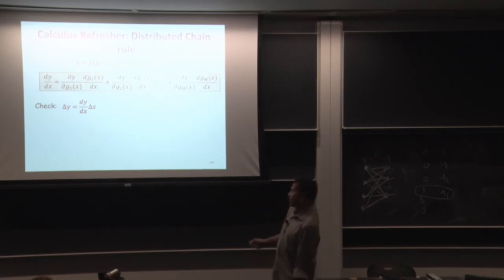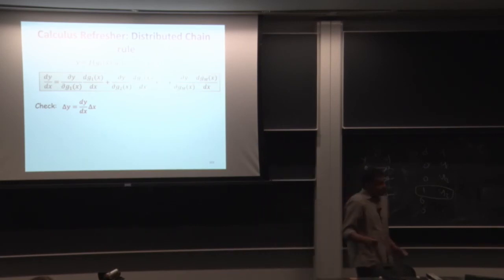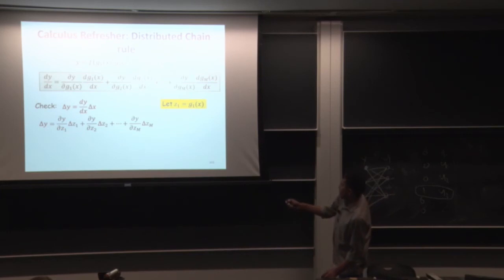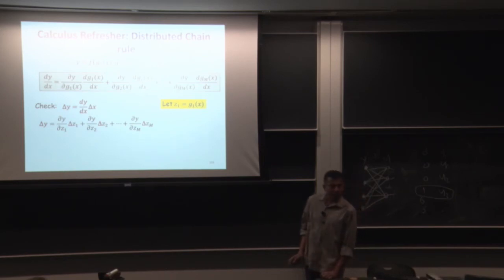Can I verify this? How would I verify this? To verify this, what I really must verify is that this relationship holds. And so first, let me say any zi equals gi of x, just by definition. So using this, you have y equals f of z1, z2, z3, z4, and so on. And we've already seen that this relationship holds in the previous slide, right?